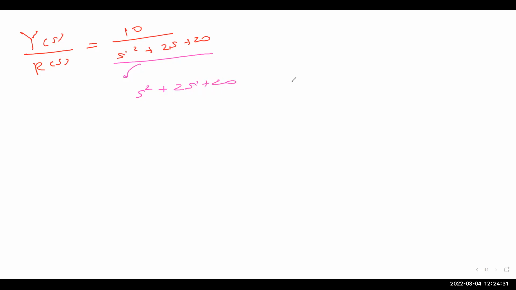You all know from your complex numbers, let's say now you all know this, right? x squared minus a squared, you can write as x plus a times x minus a.